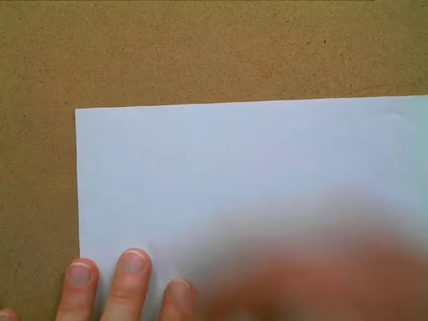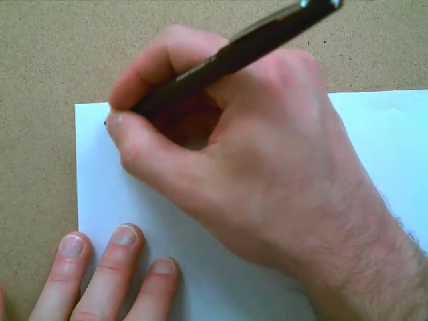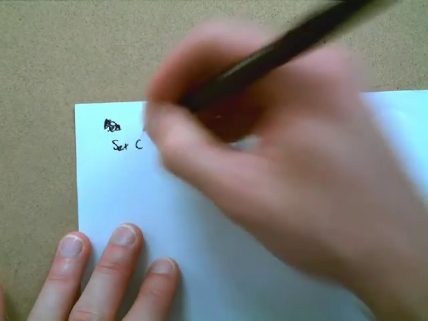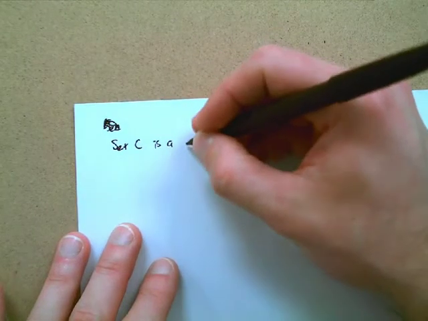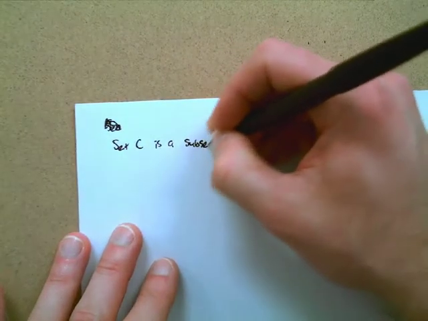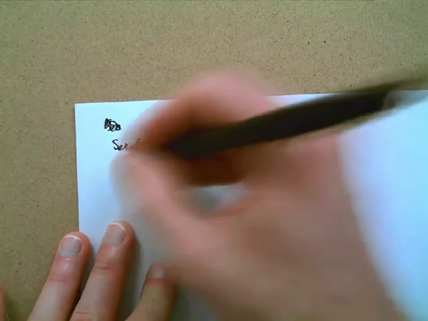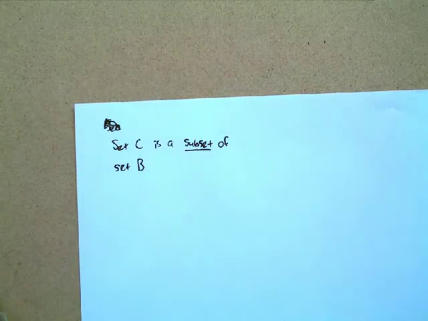So again, we have some relationships. We can say, for example, that set C is a subset of set B. And why do you think that is?